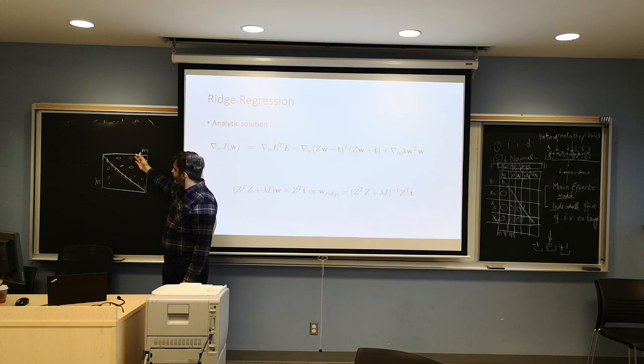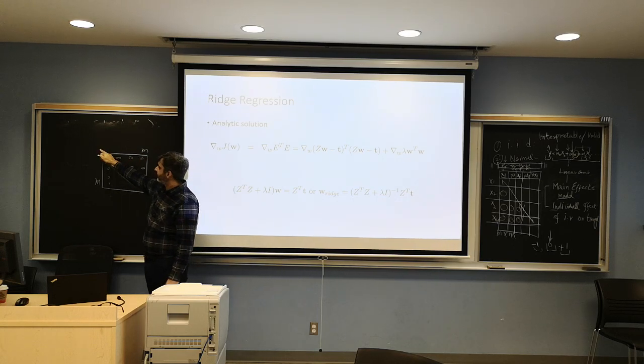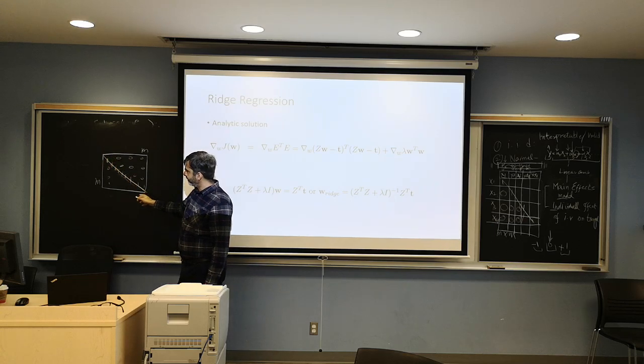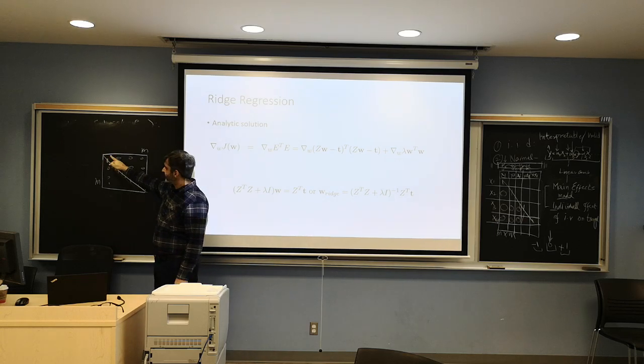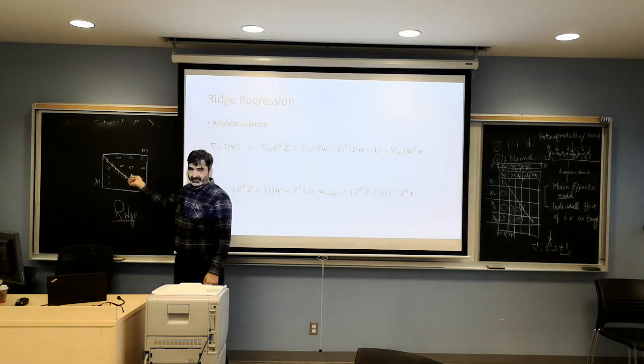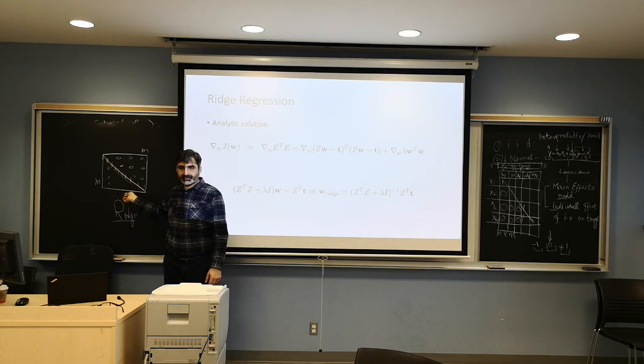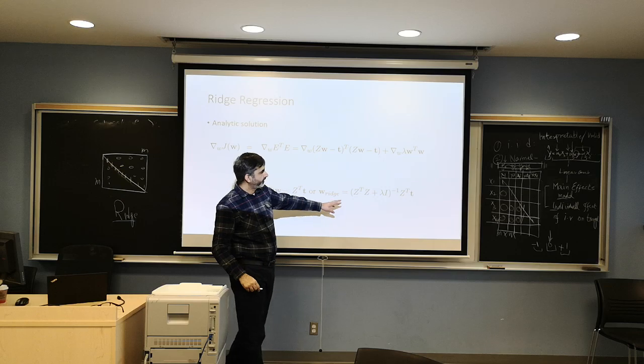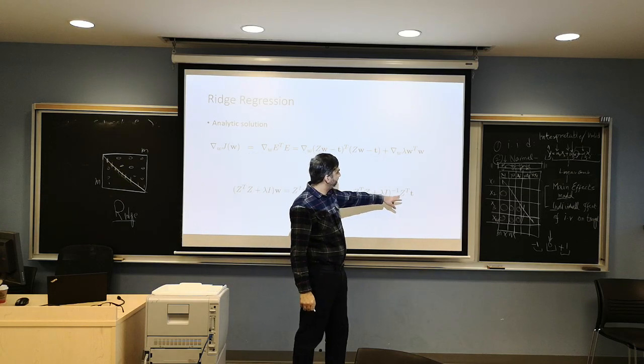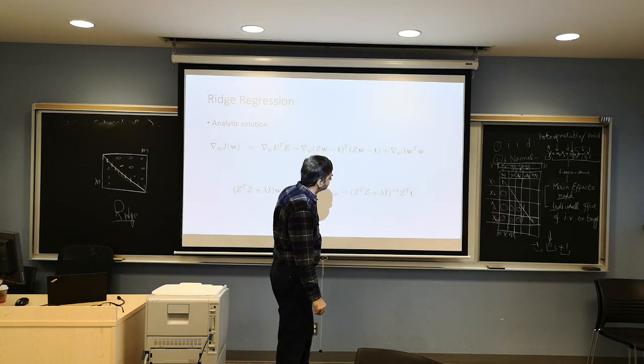All off-diagonal terms are 0, only the diagonal is non-zero. This diagonal is also called the ridge of the matrix. That's the reason we call this solution the ridge regression solution. We take the inverse and multiply by Z transpose T.